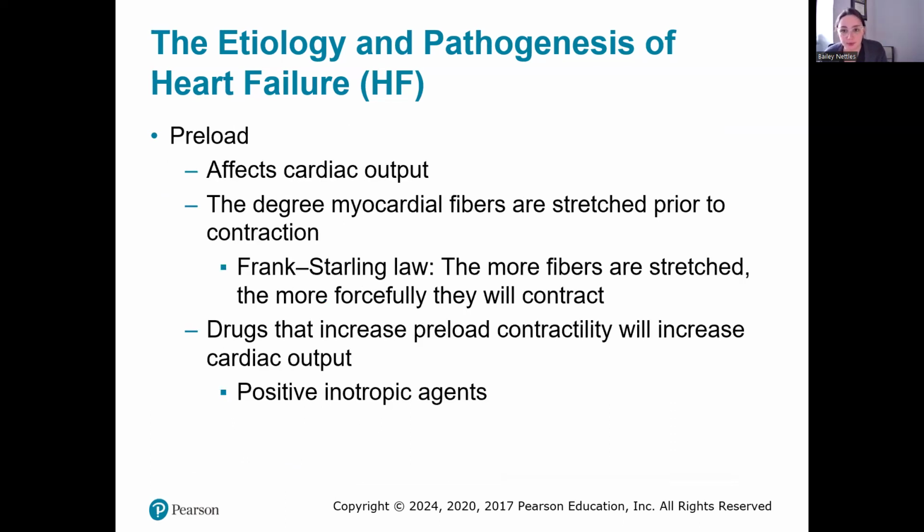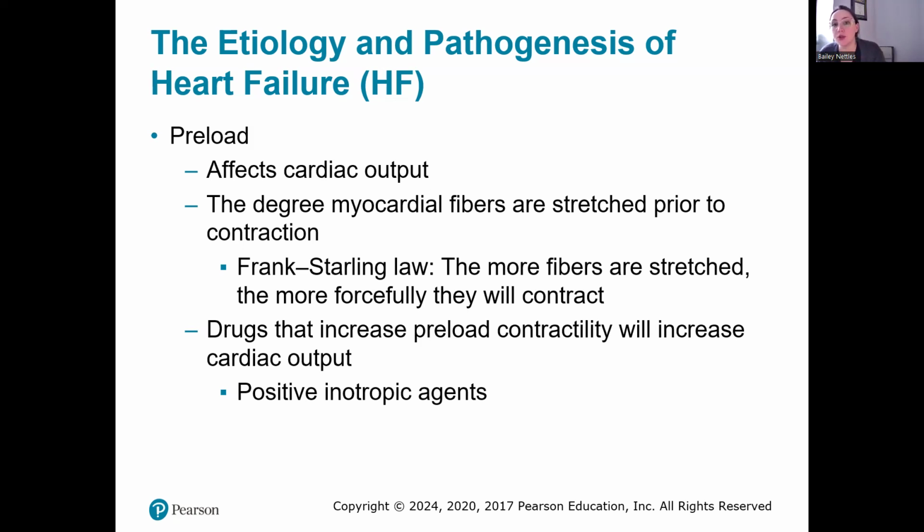So preload, this is the pressure and what happens before the blood enters the right ventricle. Okay, so before the blood enters the right ventricle, the myocardial fibers are stretching. Okay, when they stretch, the farther they stretch, the bigger the contraction.